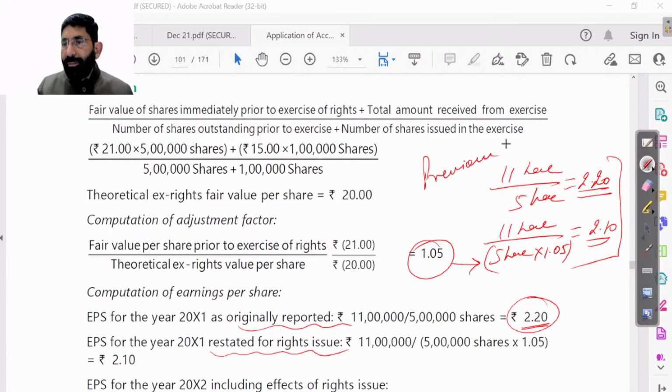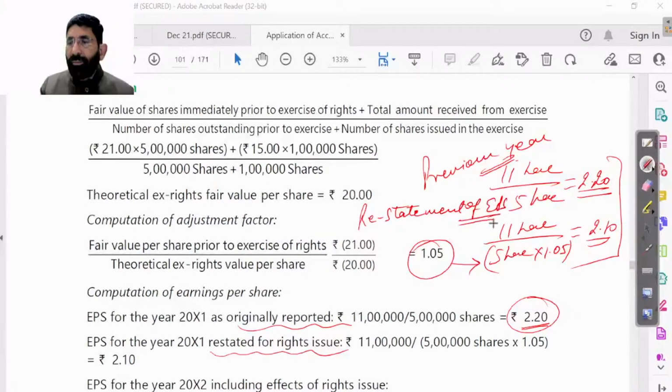Previous year restatement. This is called restatement of EPS, beta. Restatement of EPS of 2011.